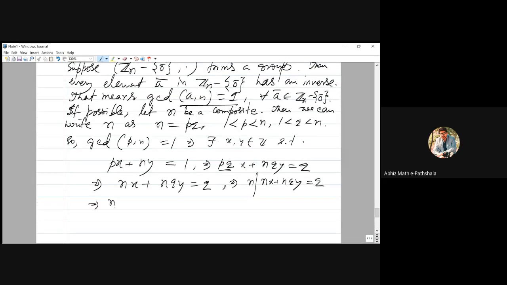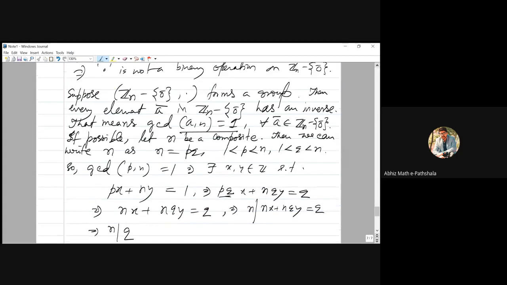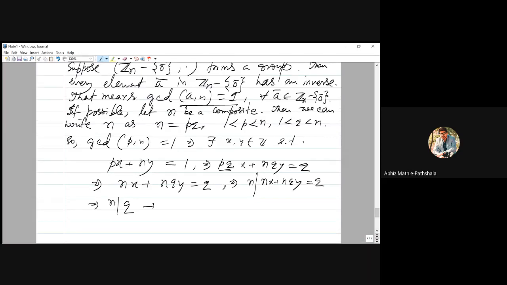That is, n divides q. But does it happen? No. Why? As q is less than n. So a contradiction. Similarly, if you consider GCD of q comma n is 1, then you will see that n divides p, which is again a contradiction.